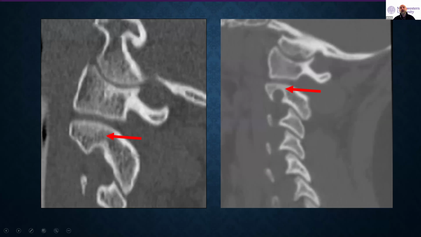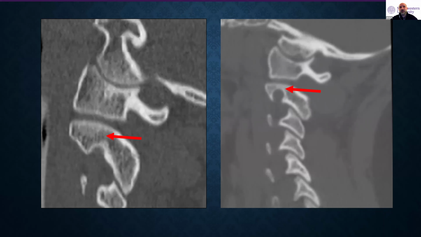Now, for the trainees here and for the students for training purposes, there is something called a high riding vert, which is very common. And here's an example on the right where the vertebral artery is high riding, and on the left, it's a little bit more favorable. You want to know this anatomy preoperatively, not intraoperatively, or God forbid, not when it's too late, right? So if you're instrumenting C2, you always want to look at where that vertebral artery is.